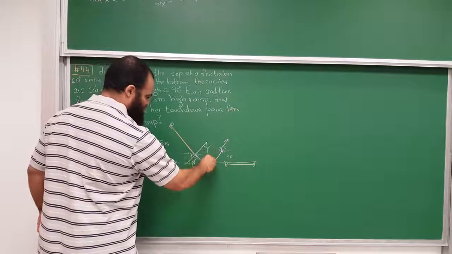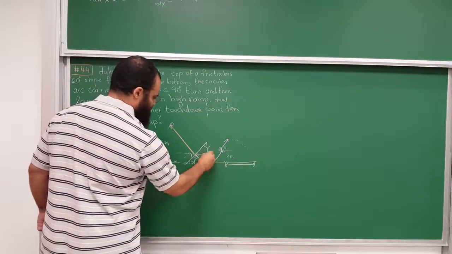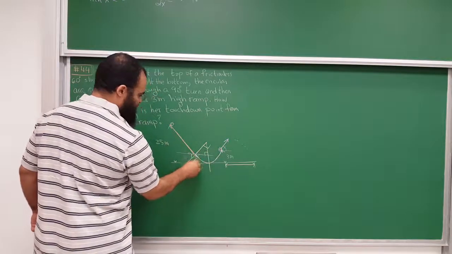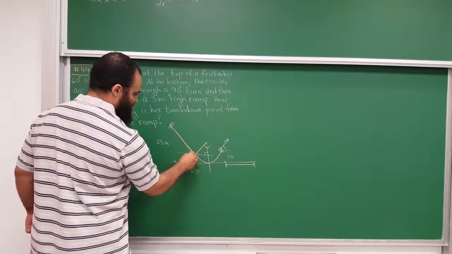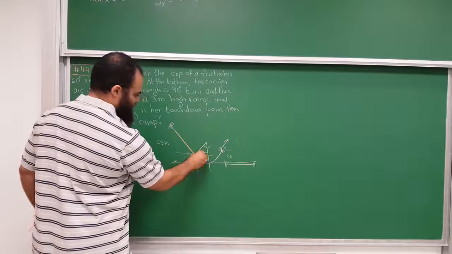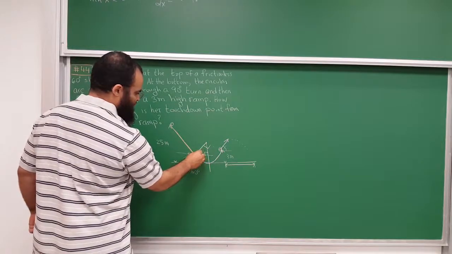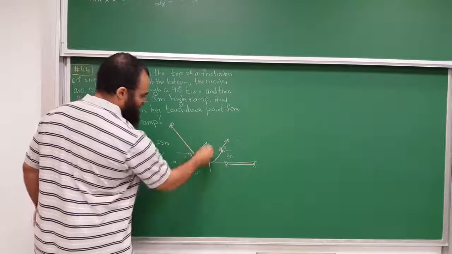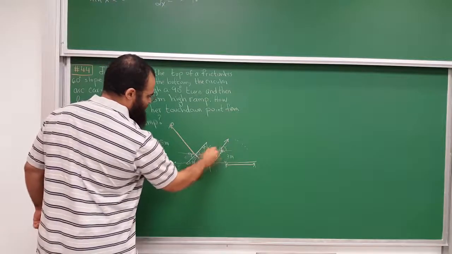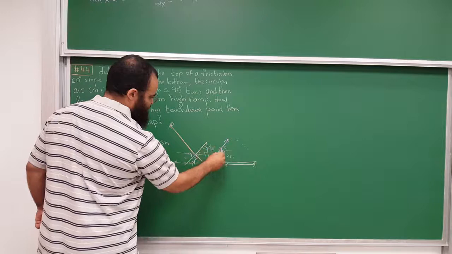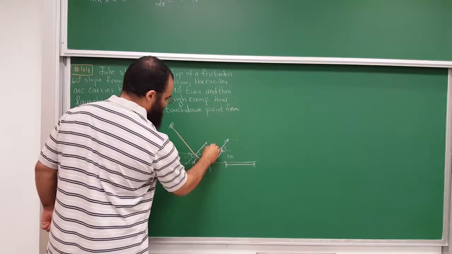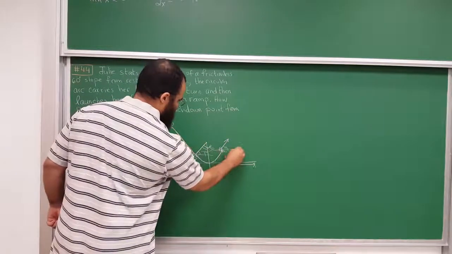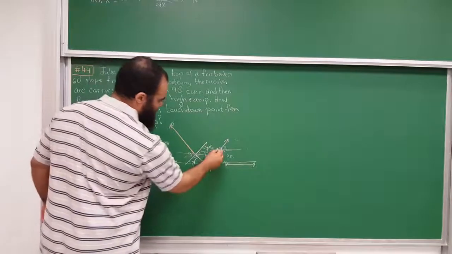Let me draw a line straight down this way. So this is 90. So we said 60, 30, 30. And these two angles are both equal. So this is 30. If this is 90, then this is 60. And this angle they're telling me it's 90, so this is 30. So now I know that this is 30. Okay. Well, let's see.